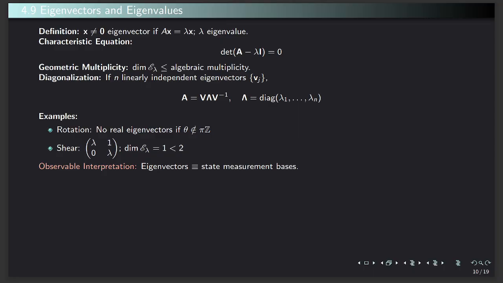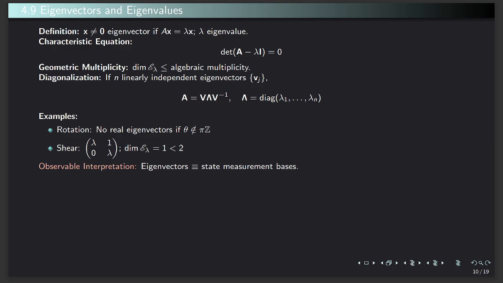Just as we were defining these spaces that are like Russian nesting dolls, the vector's direction itself is invariant under the transformation, and the scalar lambda, the corresponding eigenvalue, quantifies the stretching or shrinking along that invariant direction.